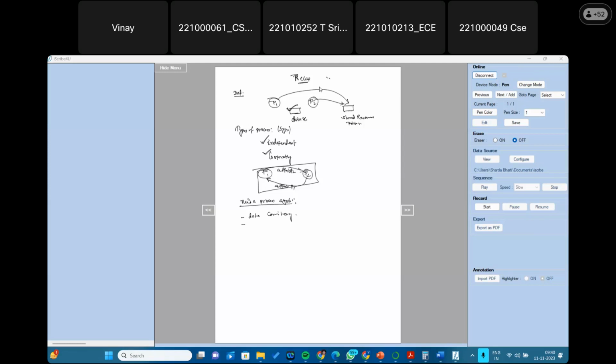Then preventing race condition. We have already studied what the race condition is; I will also recap this one. Then we have, please mute yourself, deadlock prevention.